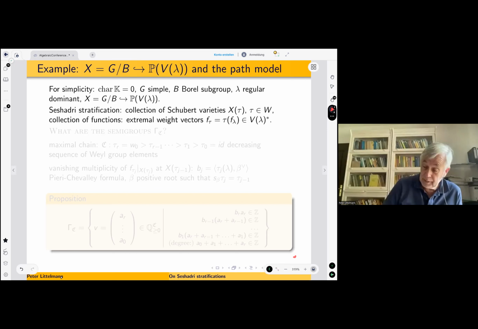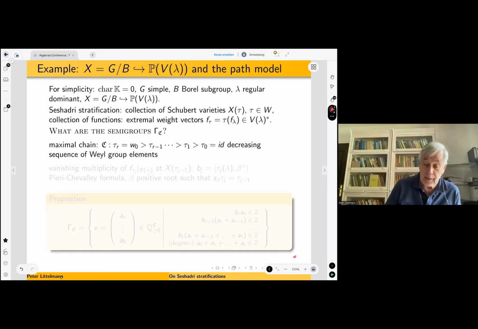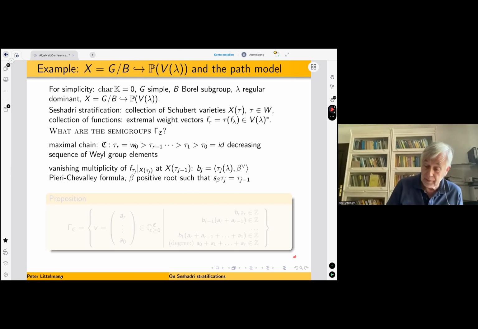So what do these semigroups, which are the essential point of this whole construction, look like? Let's fix a maximal chain, which is nothing else but fixing in my Weyl group a decreasing sequence of Weyl group elements. Important in the construction have also been the vanishing multiplicities of these extremal functions on the divisor.